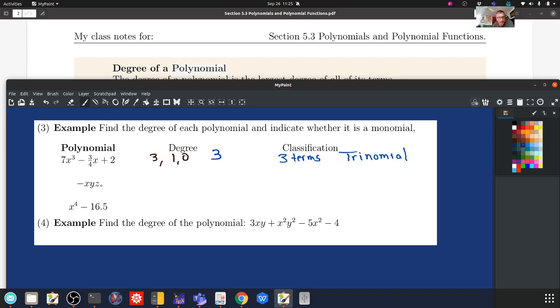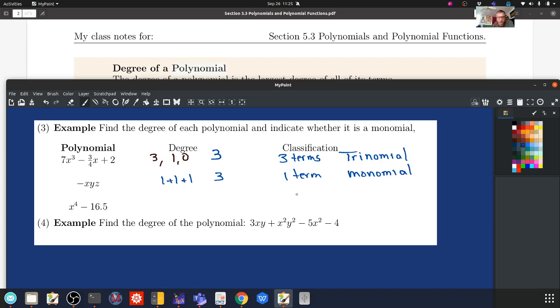Minus x y z. Well, it's only one term, so its degree is 1 plus 1 plus 1. So it also has degree 3. It only has one term, so it is a monomial. Next, x to the 4th minus 6.5.